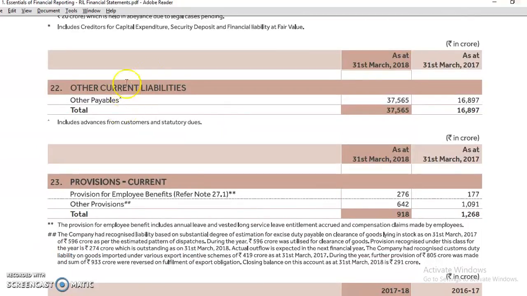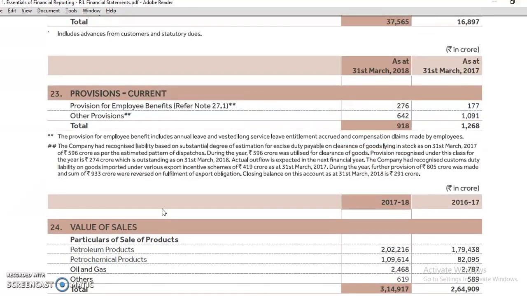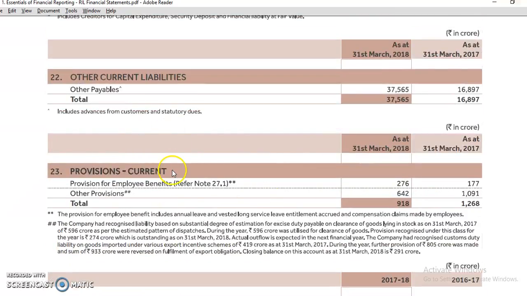Now the next line is other current liabilities and provisions for employee benefits and other provisions. There are not really a lot of details available in the financial statements, because companies are not required to disclose too much detail.